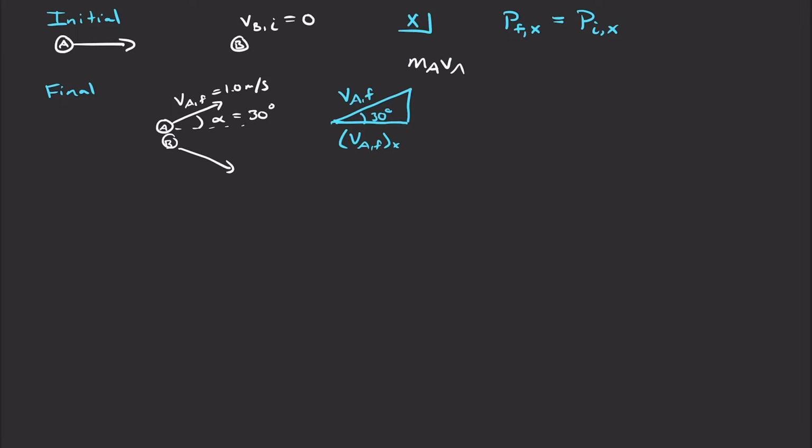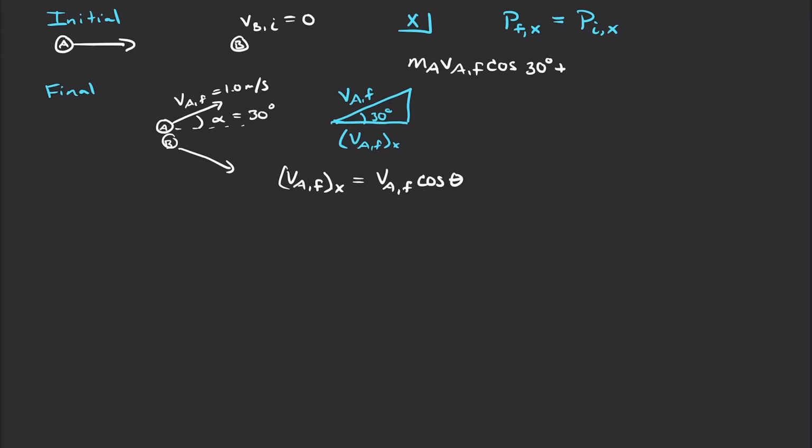And so this will be MA times VAF. And the x component is adjacent, so we'll pick up a cosine. Okay, so this is VAF x is equal to VAF cosine of theta, and that's just me using my right triangles and definition of sine and cosine. Okay, and actually I'll go ahead and plug in the 30 degrees. Okay, and it's positive.